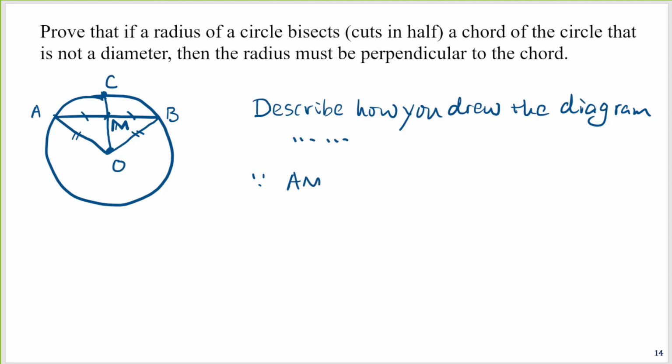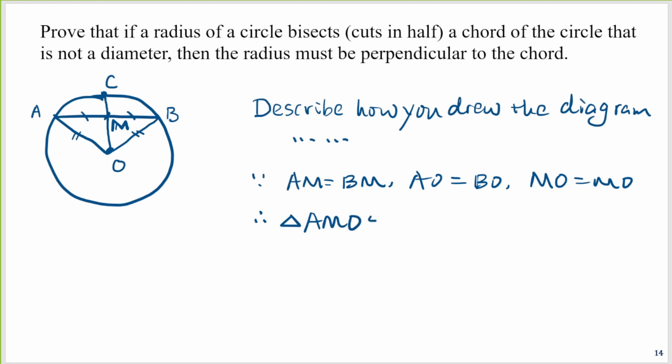because AM equals MB, AO equals BO, apparently MO equals MO. So triangle AMO is congruent with triangle BMO, right? According to SSS, 3 pairs of sides are equal, indicating 2 congruent triangles.